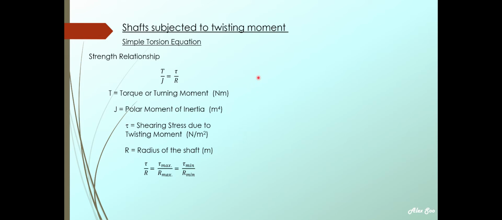Now the next part we'll be looking at the stiffness relationship. So the stiffness relationship, we have T over J equals G theta over L, where G is the shear modulus or the modulus of rigidity, theta is actually the angle of twist, and L is the length of the shaft.